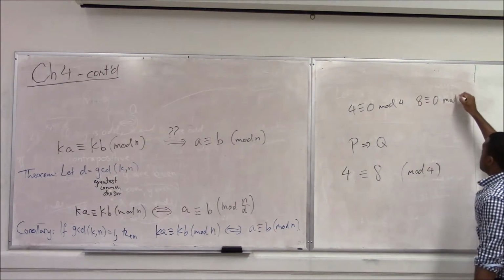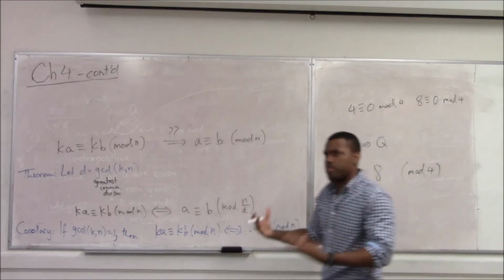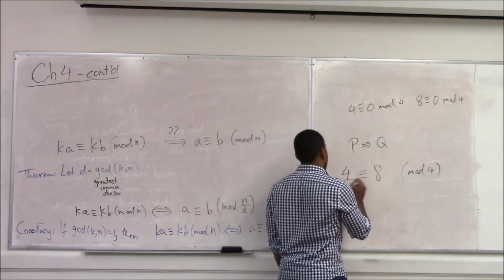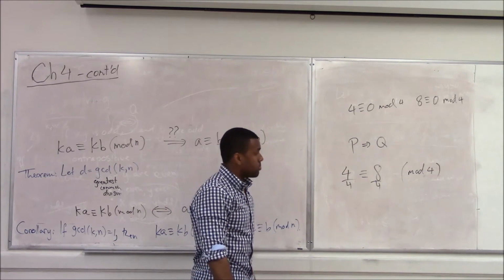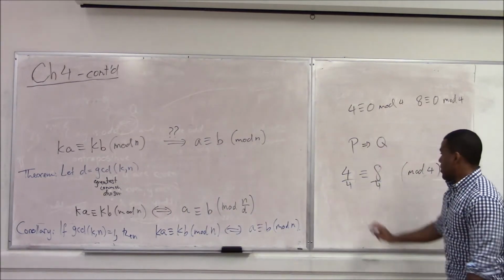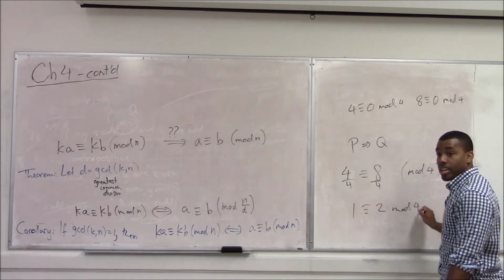Meaning, dividing by either the 4 or the 8 is somehow tantamount to dividing by 0. So if you were to divide both sides by 4 at this point, what would you end up getting? You'd have 1 is equivalent to 2 mod 4, which is obviously not correct.